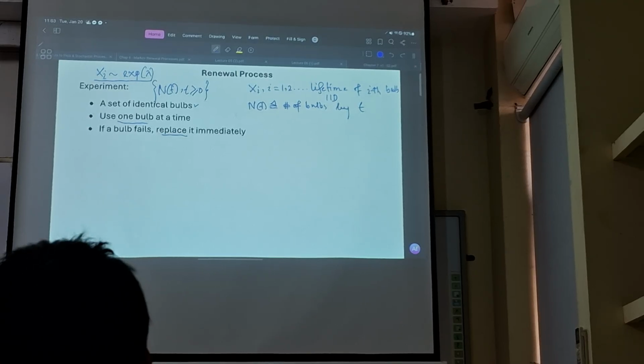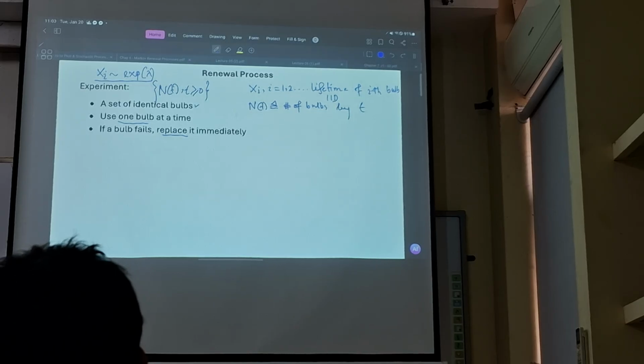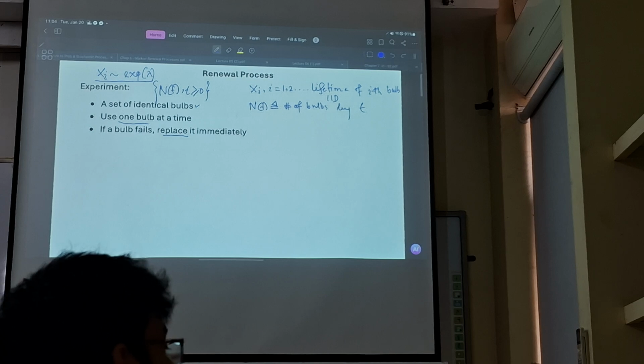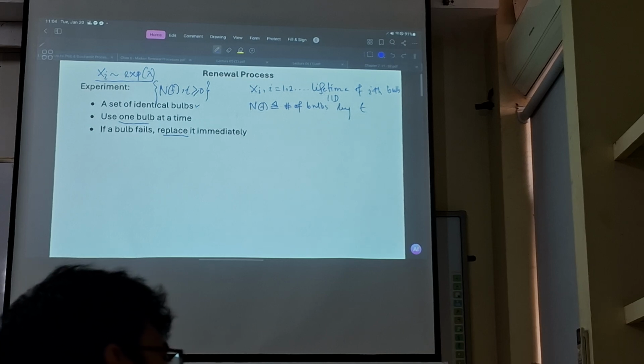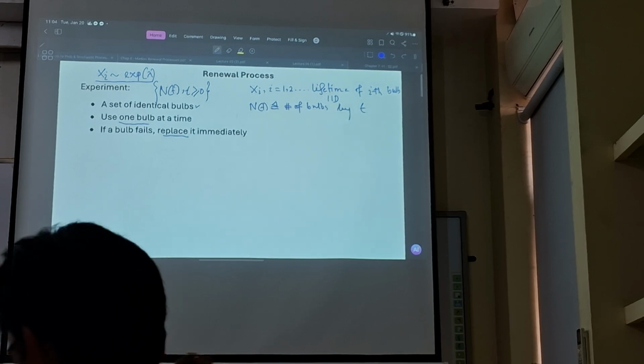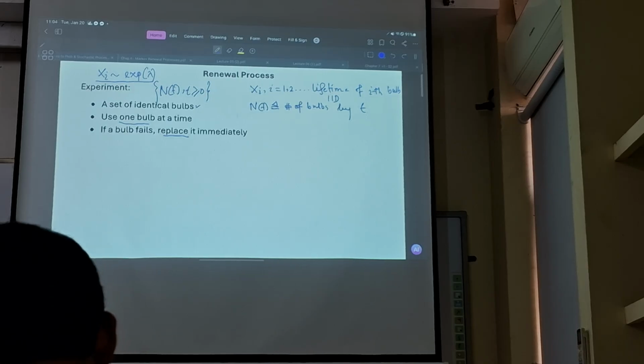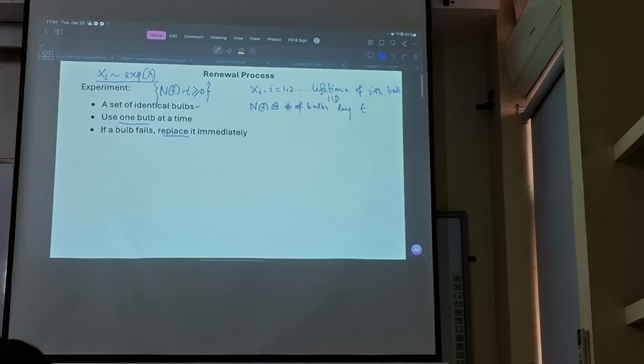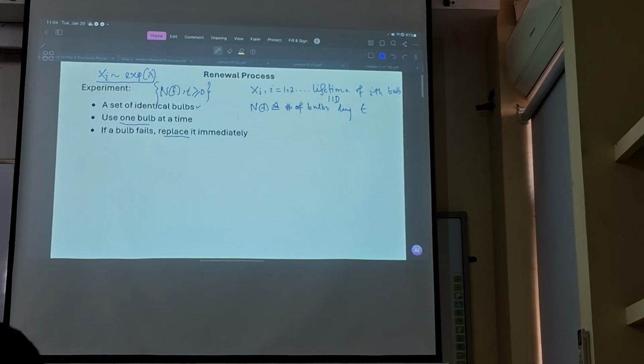More specifically, it's a Poisson process because the inter-arrival time is exponential. Here it is not arrival, actually, but the bulb failure time. Whenever there is a bulb which changes, we say a renewal occurs.